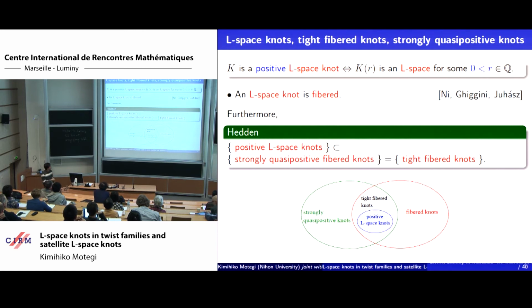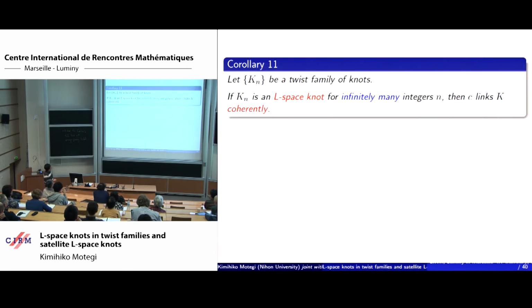So we have the following Venn diagram: strongly quasi-positive knots are fibered knots, these are tight fibered knots, and positive L-space knots live here. So again, we can apply the previous result to L-space knots. One direct consequence is the following: let K_n be a twist family of knots, and if K_n is an L-space knot for infinitely many integers n, then C links K coherently.